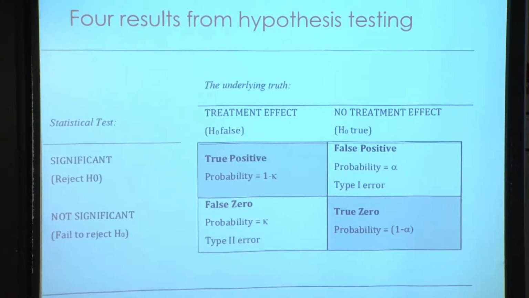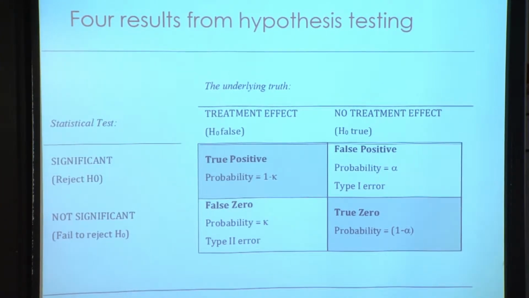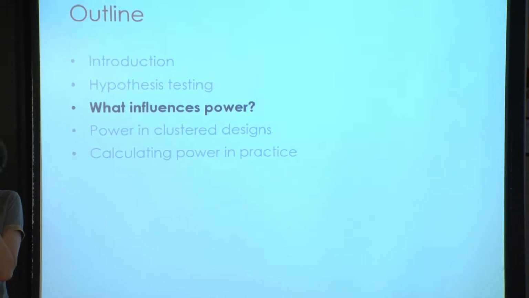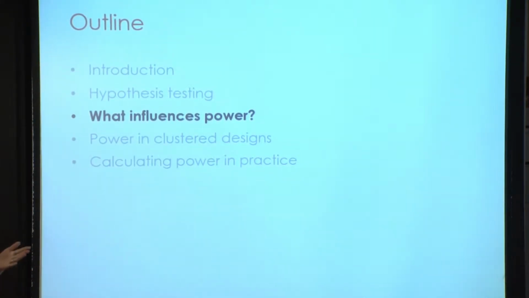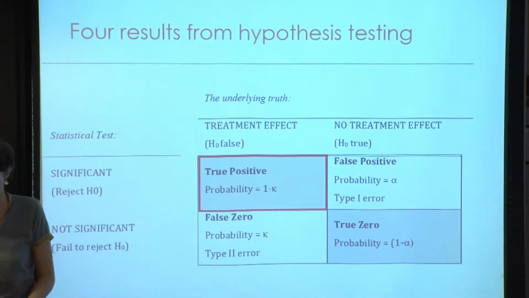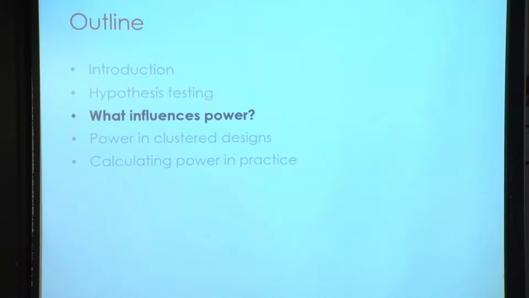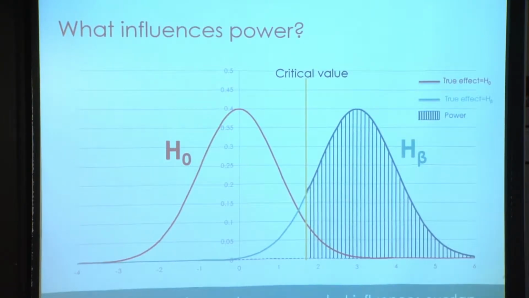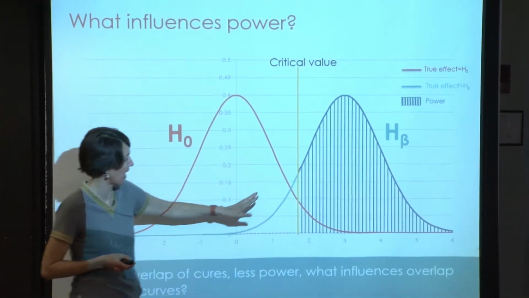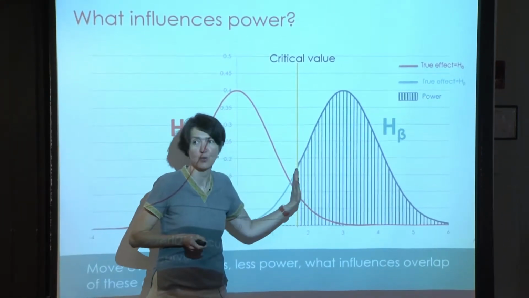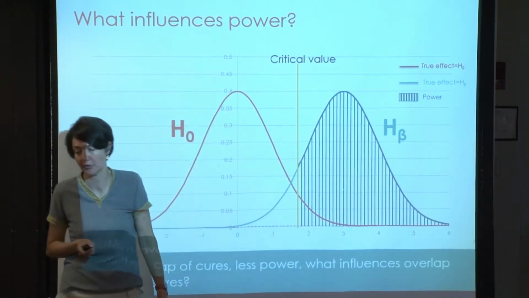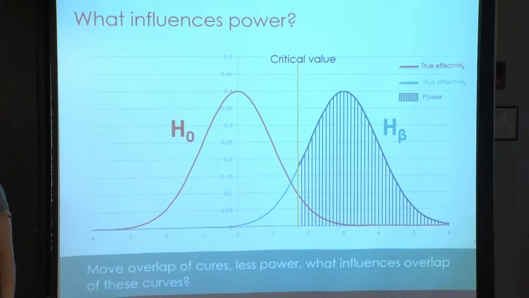So a little bit more formally, that's the same picture. So what influences power? How do we try and end up in this box? What can we do to end up in that box? As we said, power is the proportion of this curve which is to the right of the critical value for the 0 hypothesis, the null hypothesis.